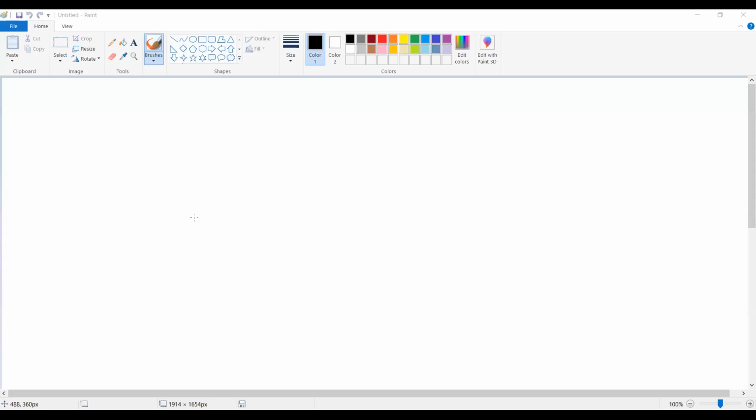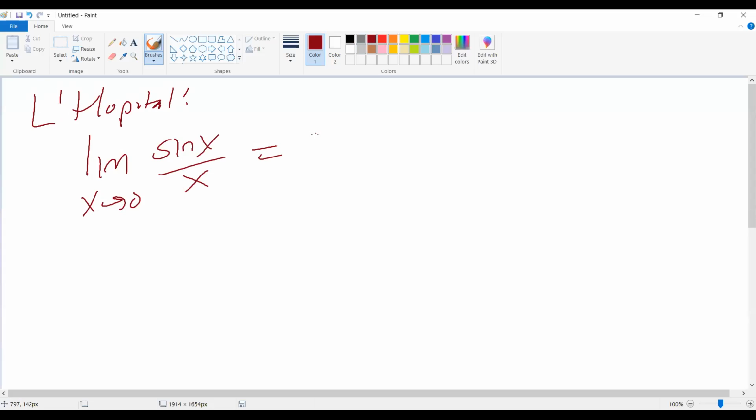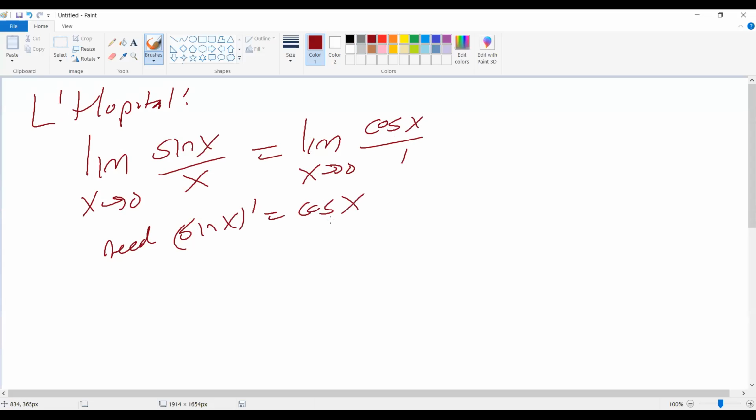Right, so the problem is, if you want to use L'Hopital, you want to look at the limit, let's say, as x goes to 0 of sine of x over x, and you want to say that that's the limit as x goes to 0 of the derivative of sine, which is cosine x, over 1. But you need to know that the derivative of sine is cosine.